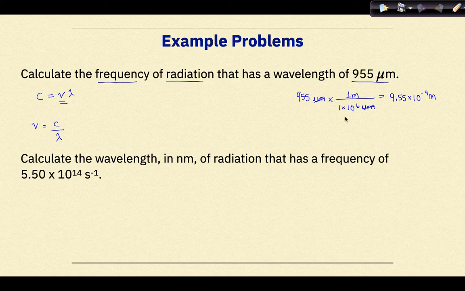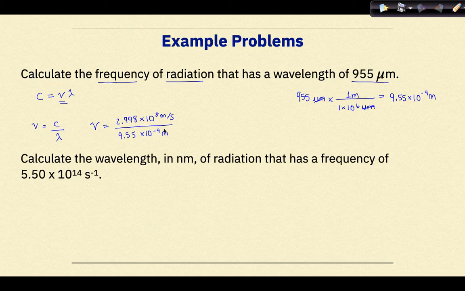Now that I'm in meters, I feel a lot more comfortable taking this formula where again I am solving for frequency equals, and then I can take the speed of light, which I know is on our reference table, and that is 2.998 times 10 to the 8th meters per 1 second divided by our wavelength, which is 9.55 times 10 to the negative 4th meters.